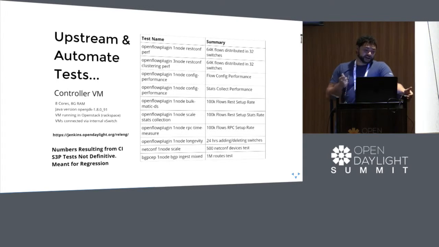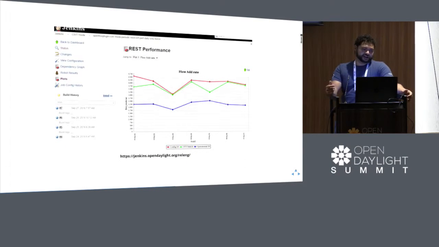We also have a couple of NETCONF and BGP PCEP tests upstream as well, which is nascent work that I'm sure will be added to, because we had more of those tests in the performance report than upstream.